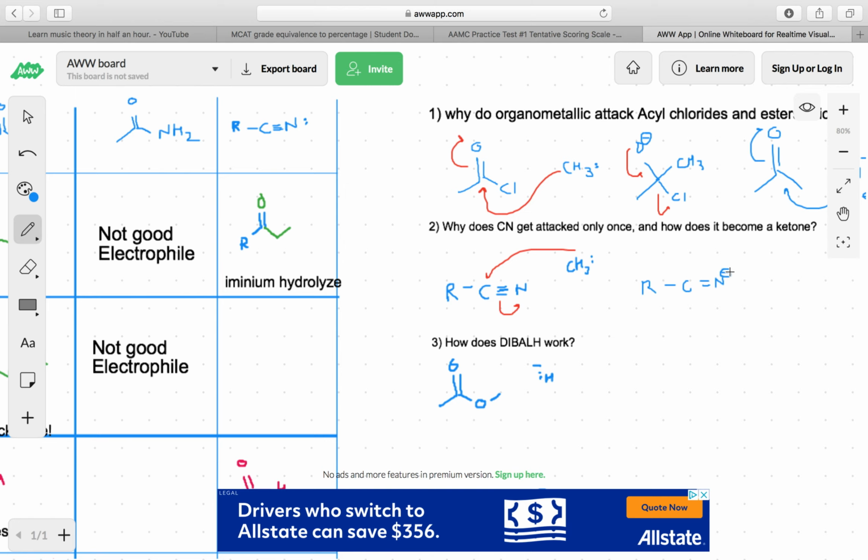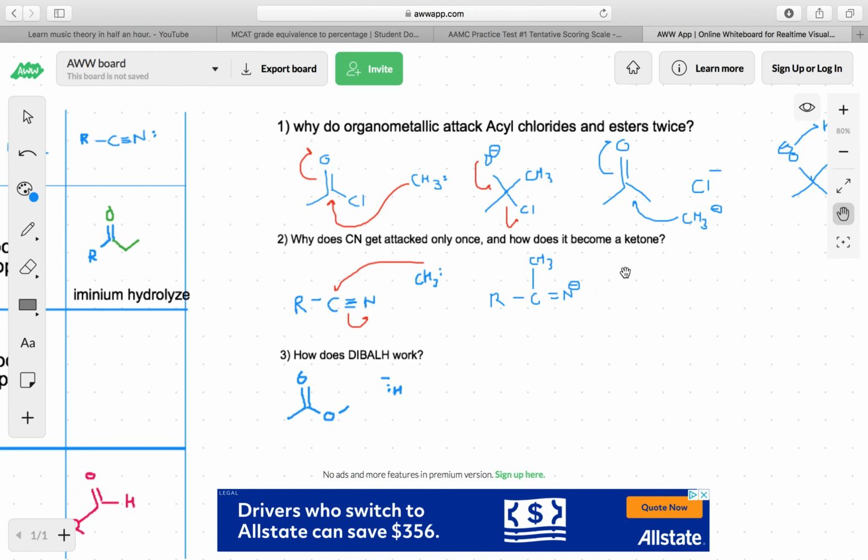This nitrogen will have a minus charge, and you're going to have your CH3 just sticking off here. This minus charge is not favorable, so this nitrogen is just going to grab a proton. I'm going to reorient the way this is drawn, because it'll make the next step easier. So this nitrogen that previously had a negative charge is just going to grab a proton, and it'll look like this.